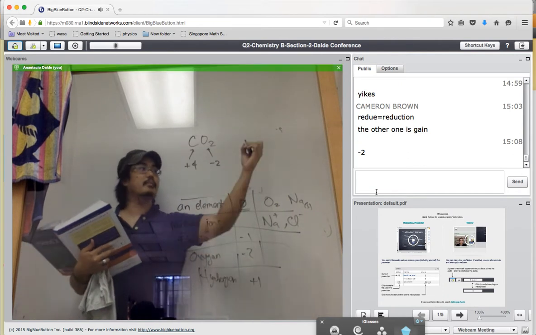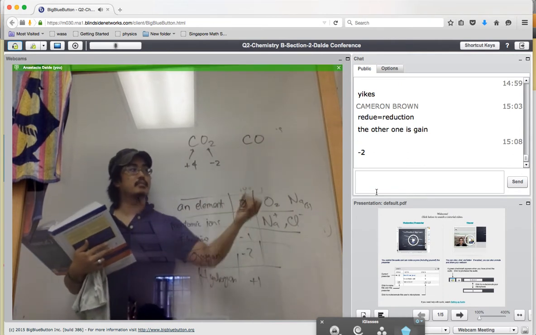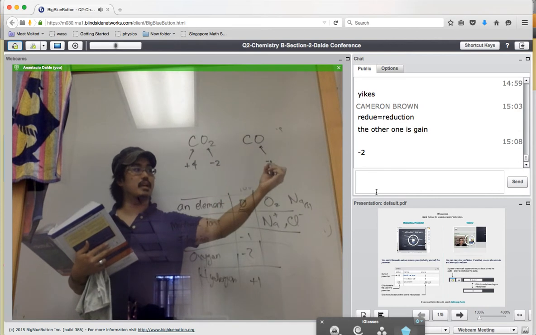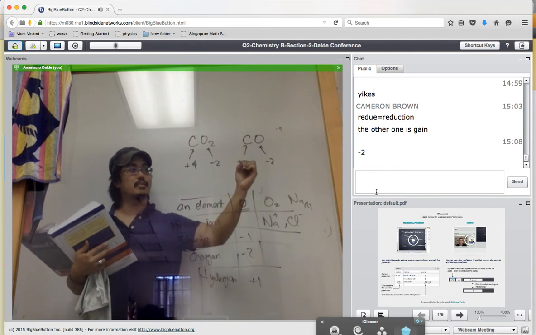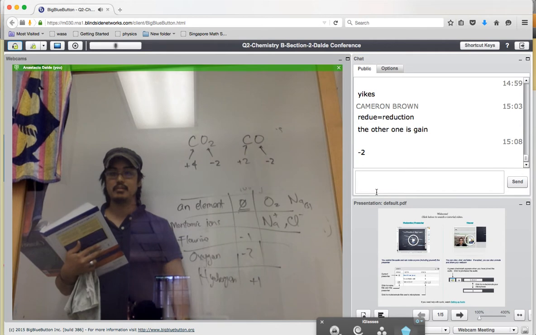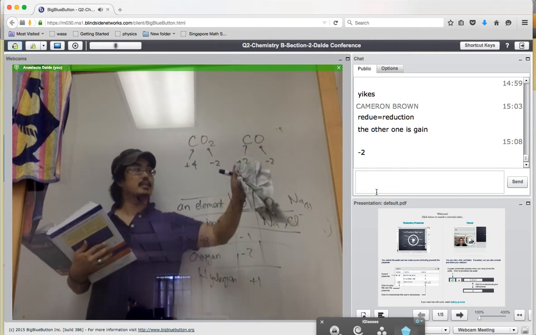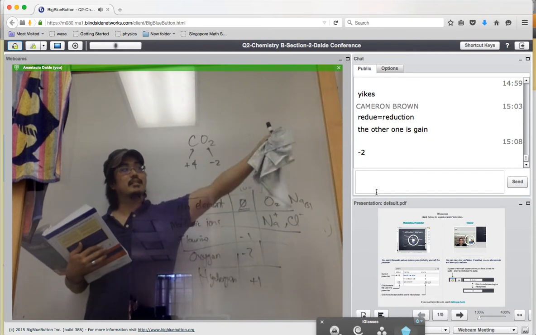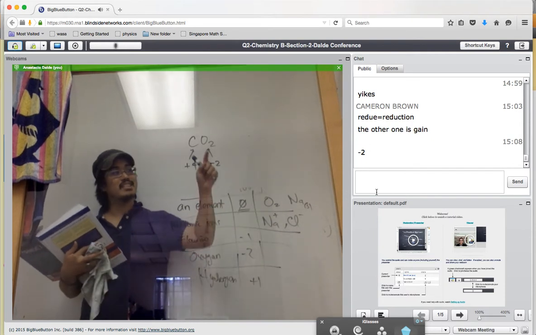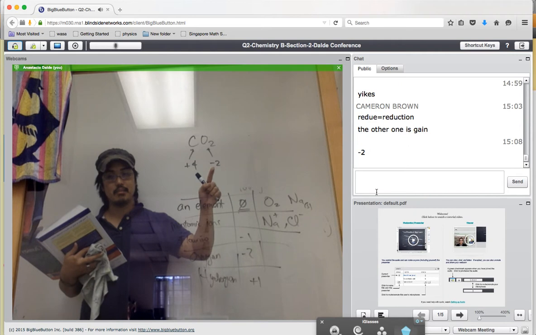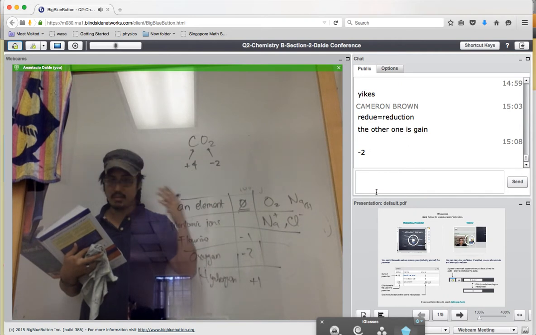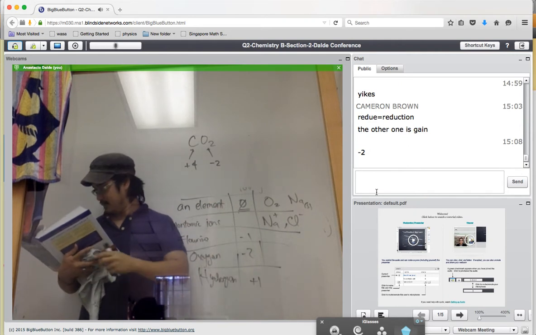If I had carbon monoxide, though, then the oxidation number of oxygen would be -2, and carbon would be +2. That's true. But I have carbon dioxide. So the oxidation number of oxygen is -2, but the oxidation number of carbon is +4. You guys get it? Does this make sense?